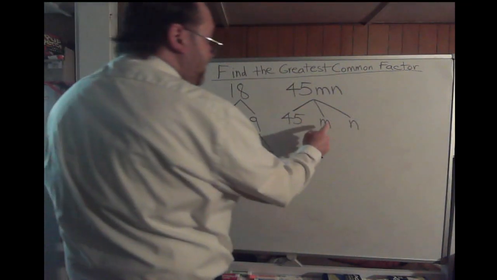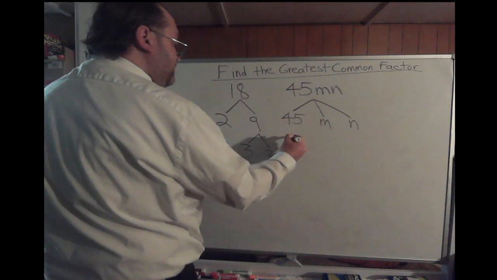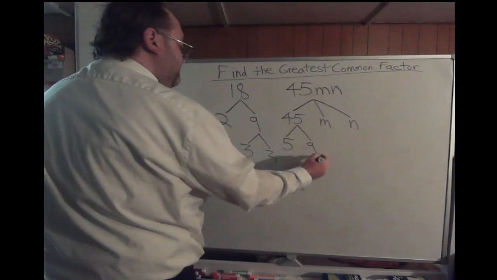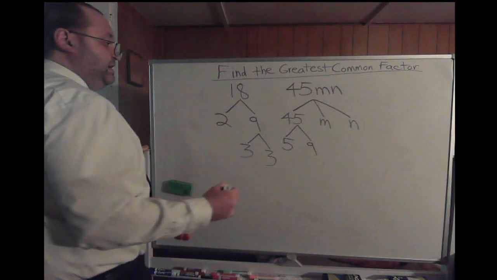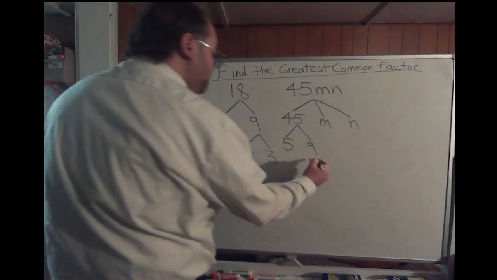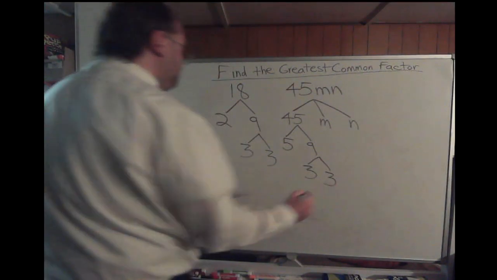Well, we know right away we can't factor m or n any further, but we could sure factor 45. 45, that would be 5 and 9. We can't factor 5 any further, but we could sure factor 9. That would be 3 and 3.